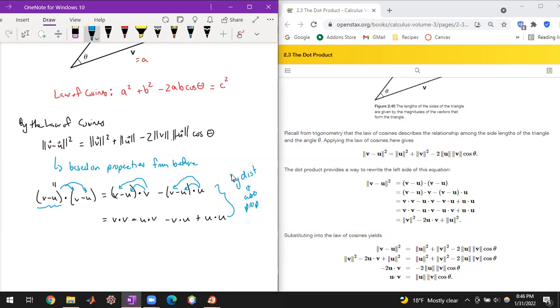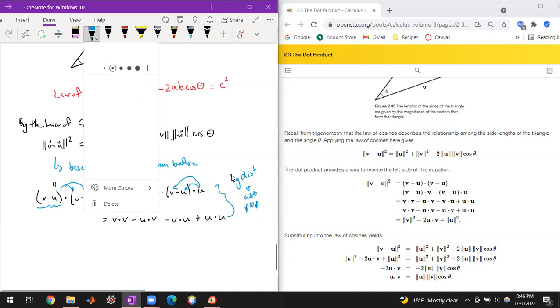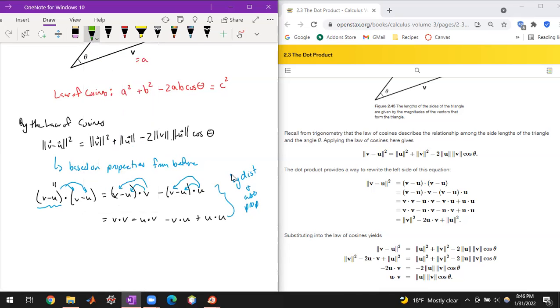Then I'm going to take advantage of my commutative property. So the commutative property says that I can swap the order of these expressions. Right? So I'm going to get v dotted with v minus u dotted with v minus u dotted with v plus u dotted with u.